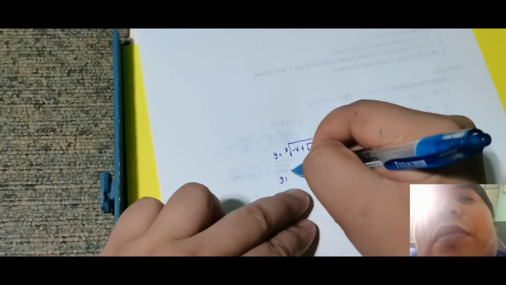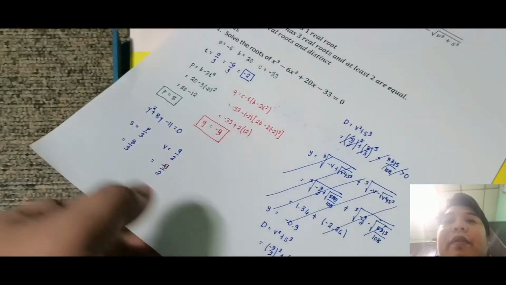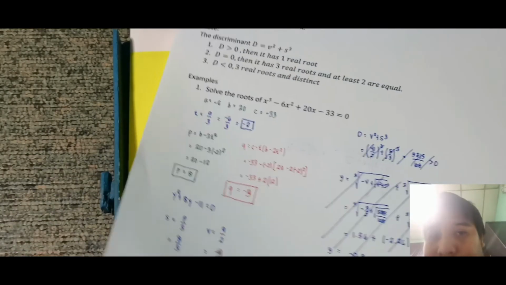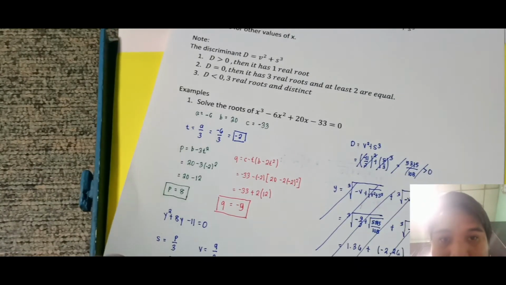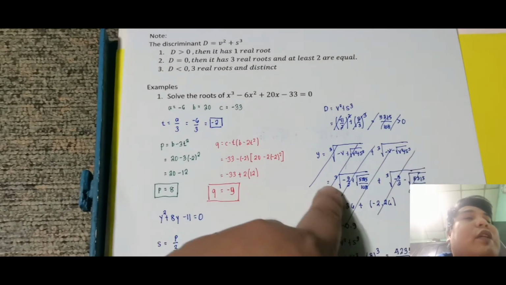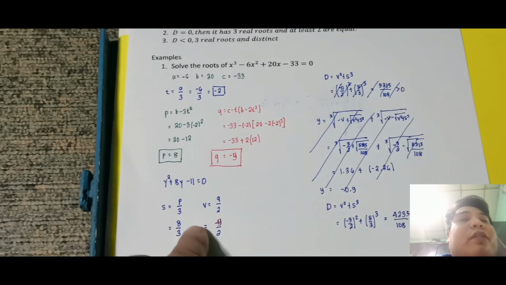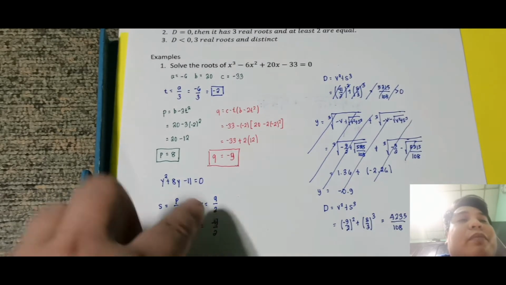Y is equal to cube root ng negative b. So what is negative b? Nilagay ko rin kanina negative 9. Tingin ko dito 9. Ito pala yung sagot. So negative b is positive. Okay, so that is positive 9 over 2.